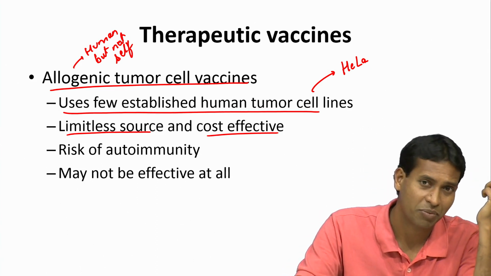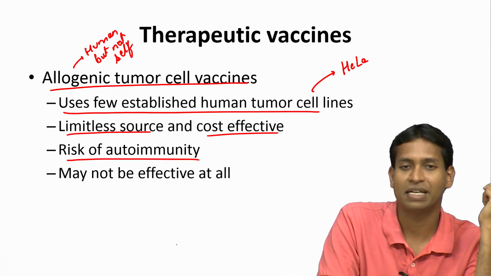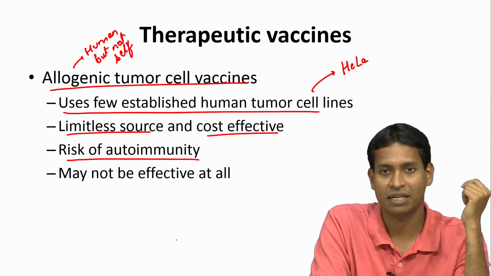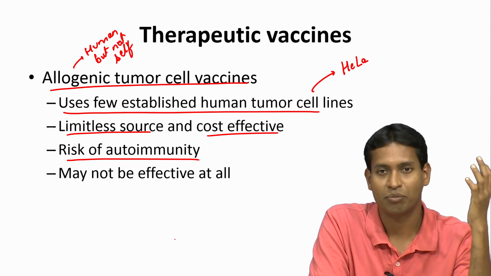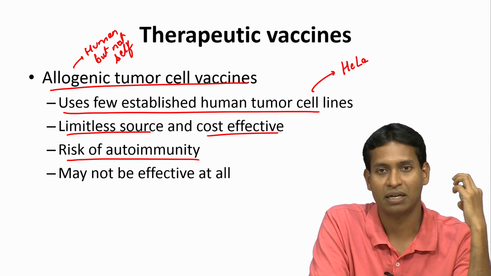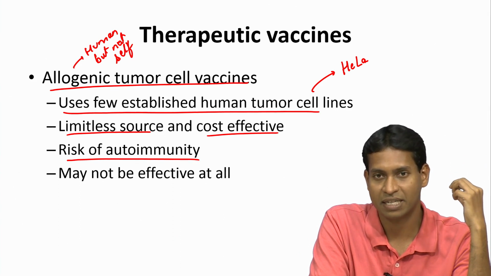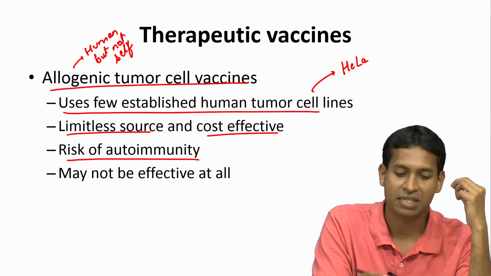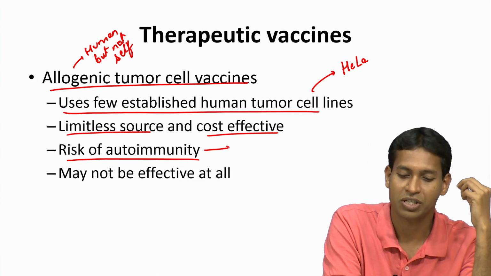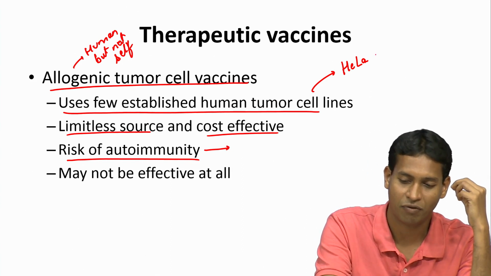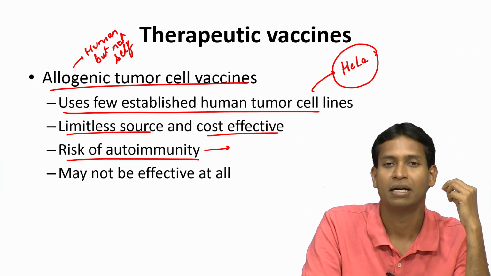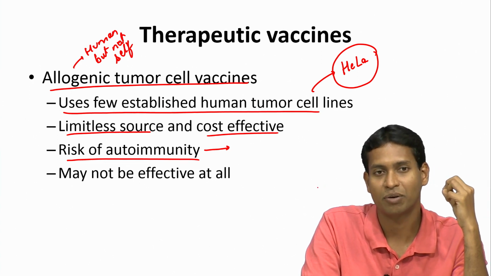There is still a risk of autoimmunity because again these are human cells. So, even though they are allogenic, pretty much 99.99% of the proteins are the same as ours, and so you can still induce autoimmune reactions if you put the whole protein, the whole proteome, the whole lysate into a body.